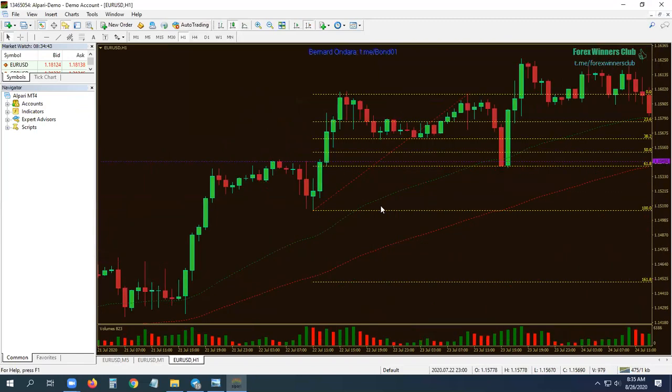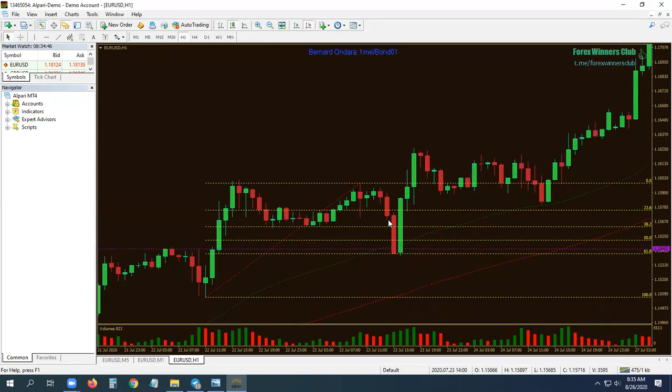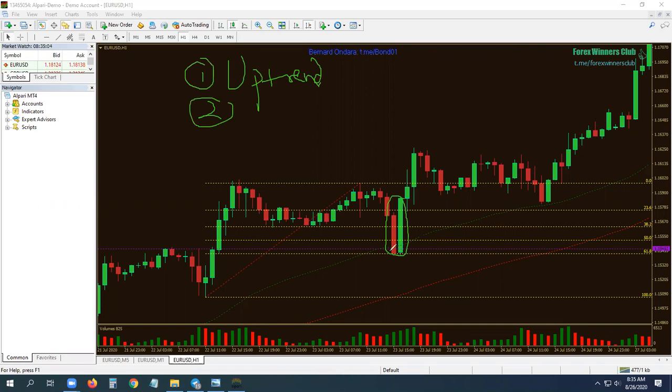All right, look at what you have on the chart. Number one, I'm interested in this setup. Reason number one, why I would trade here. We have an uptrend. In an uptrend, we are buying. Correct? Number two, we have a support level. This was initially resistance.